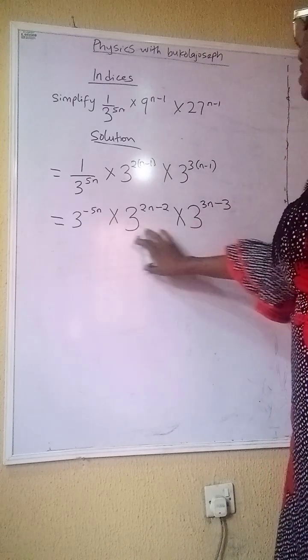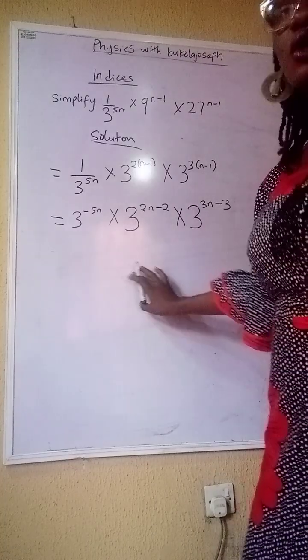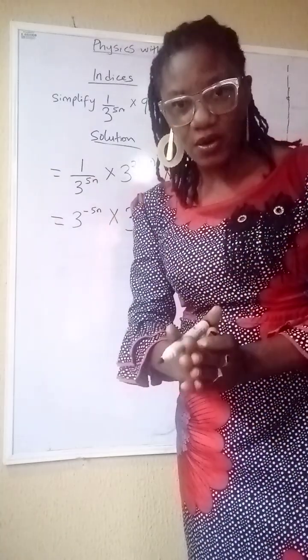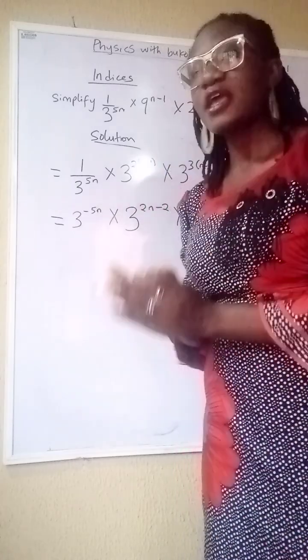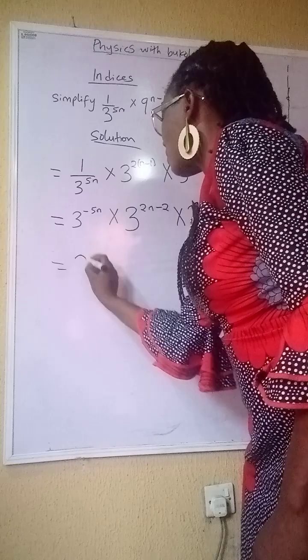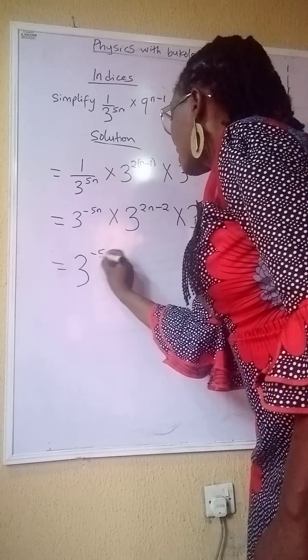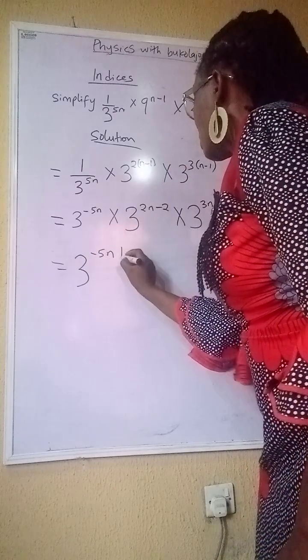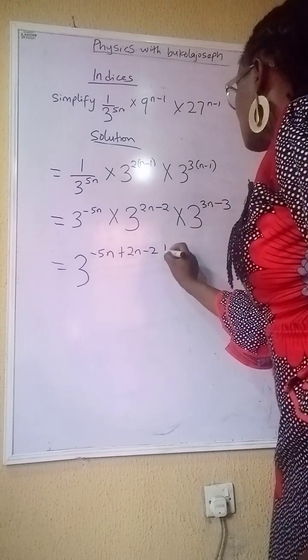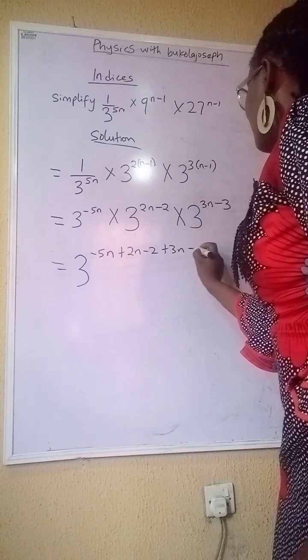This is now in the same base, so we are going to sum the powers. We'll have 3 raised to power minus 5n plus 2n minus 2 plus 3n minus 3.